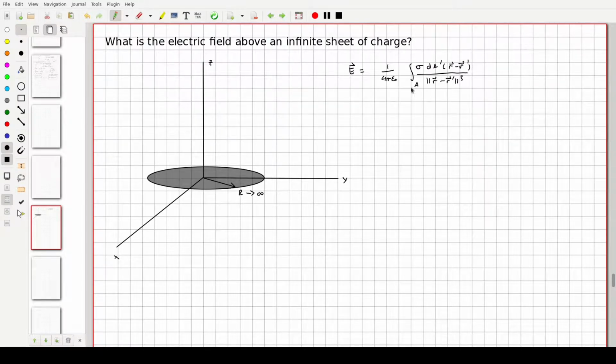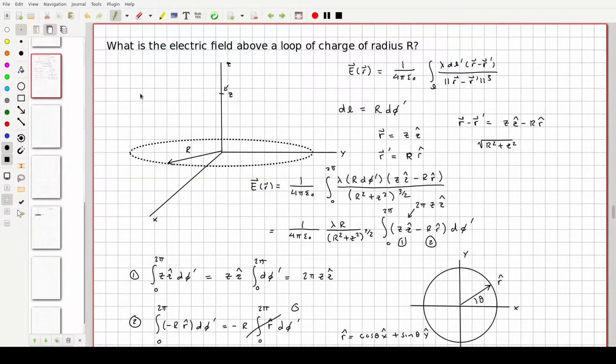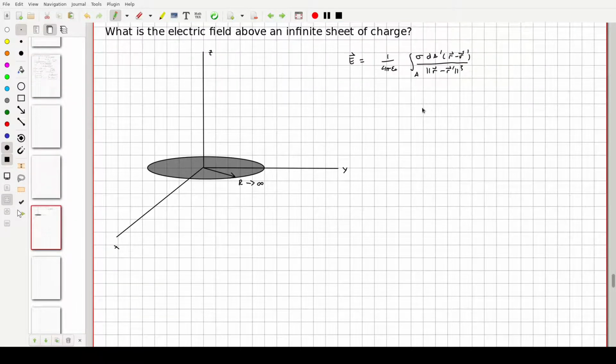Now here, I'd like to continue in the same venture as we did before, where we used circular polar coordinates. The area integration for circular polar coordinates looks like r dr d phi.